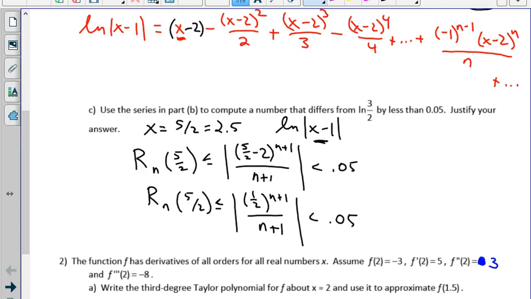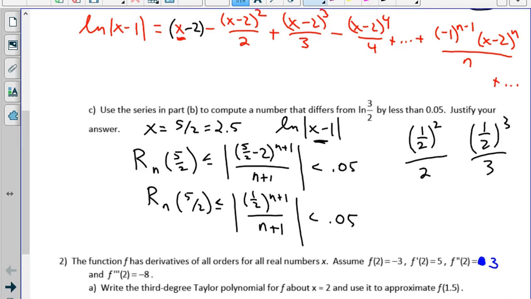When I figure out when that is less than 0.05, it's probably easiest to do one of the following 2 things. Just start typing this in the calculator, so repeatedly type these things into the calculator.